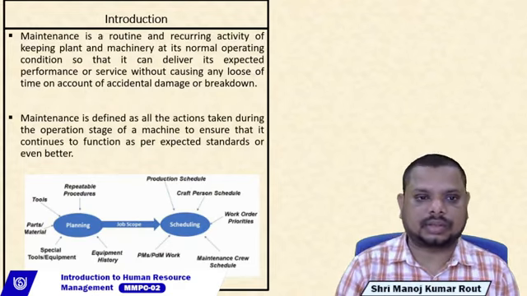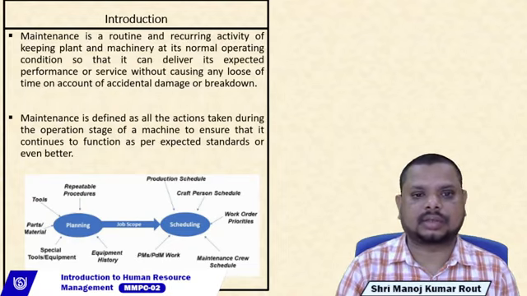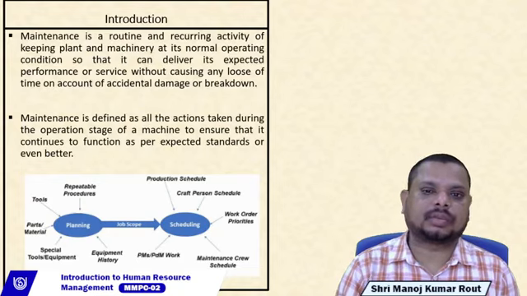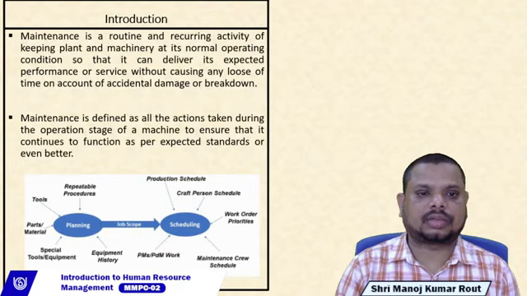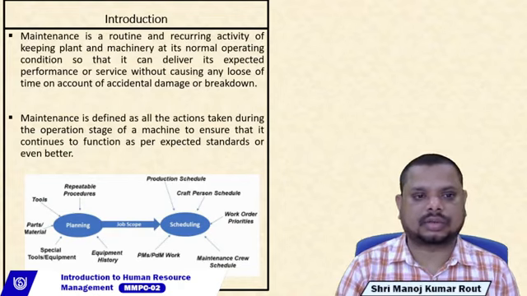Maintenance is a routine and recurring activity of keeping plants and machinery in their normal operating conditions. So it is the duty of the maintenance department. They must keep all the machines in such a way that they go for a higher amount of production and increase the efficiency of production without any kind of disruption.